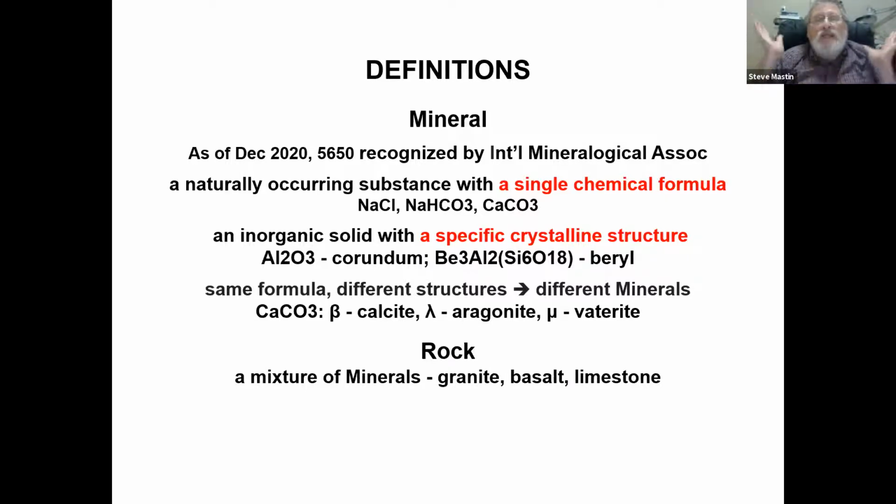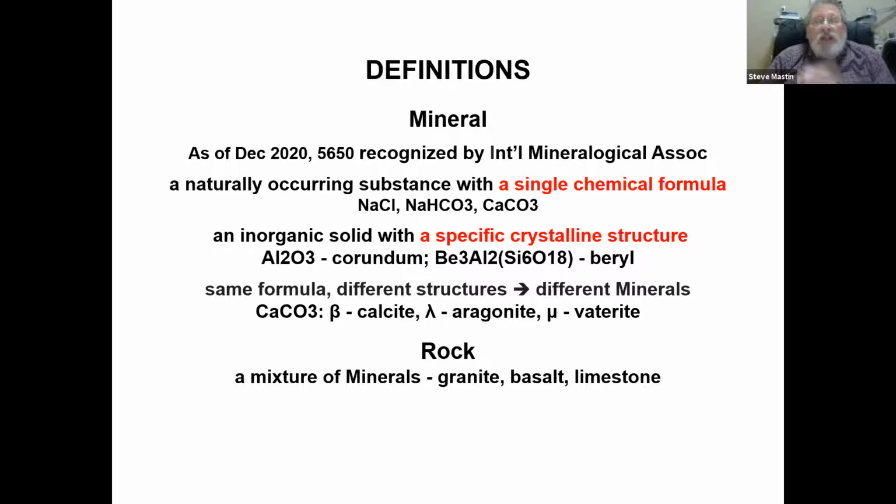One is that it's a substance with a single chemical formula, like sodium chloride, NaCl, or CaCO3, calcium carbonate. But in terms that we're going to be using, it's an inorganic solid with a specific crystalline structure, because without that crystalline structure, it can't be a gem.